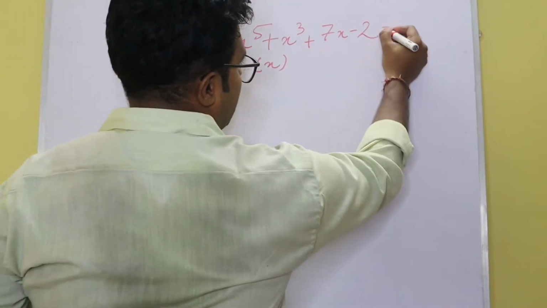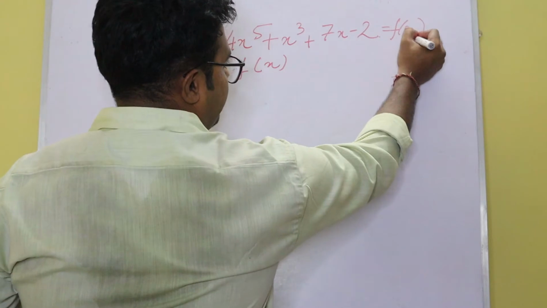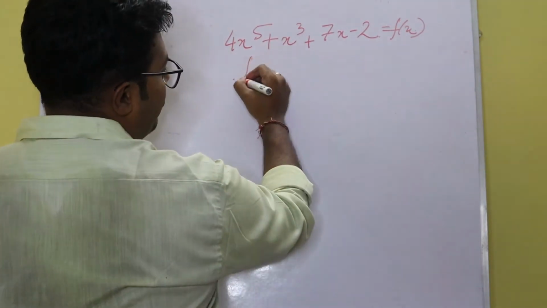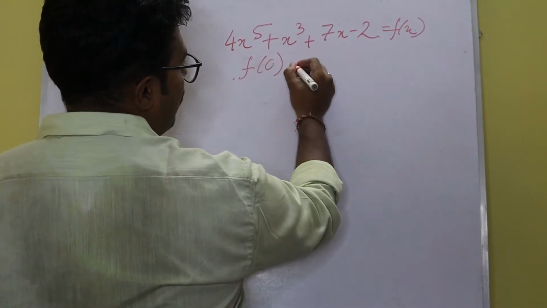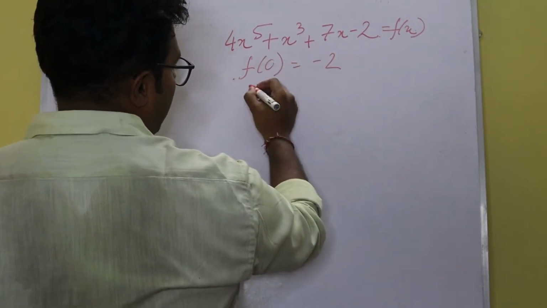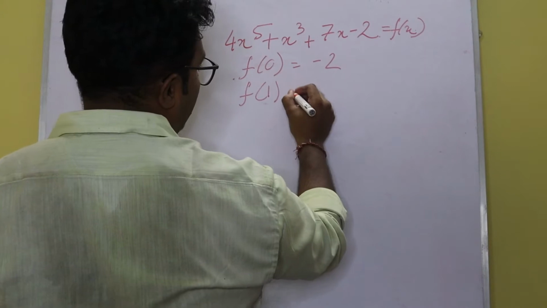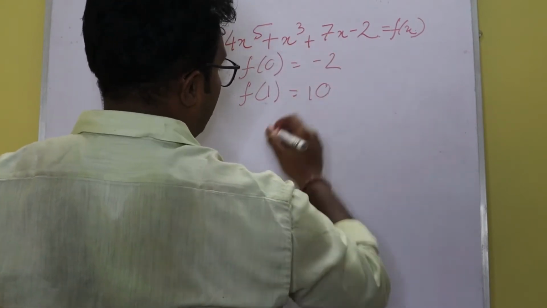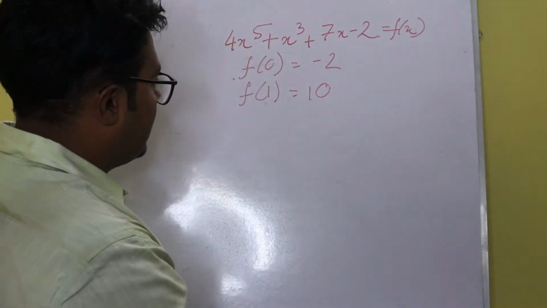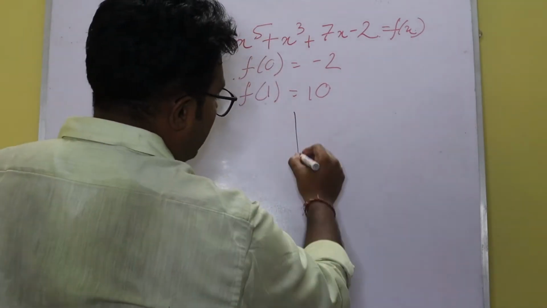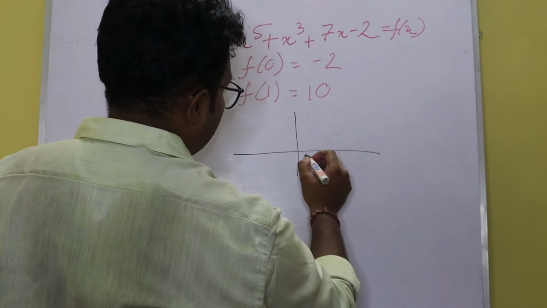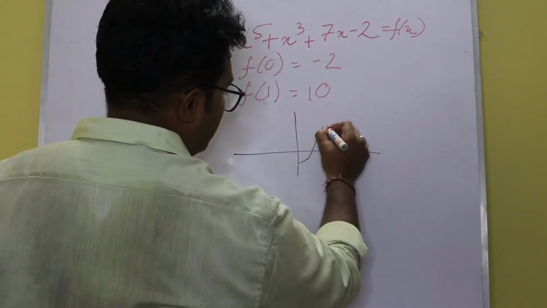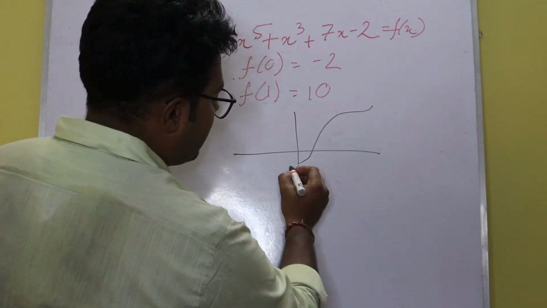This is the equation, and I am setting this equal to f of x. Now if we put x is equal to 0, we get minus 2, and if we put x is equal to 1, we get 10. So if we draw a graph of this function, it will be something like this.